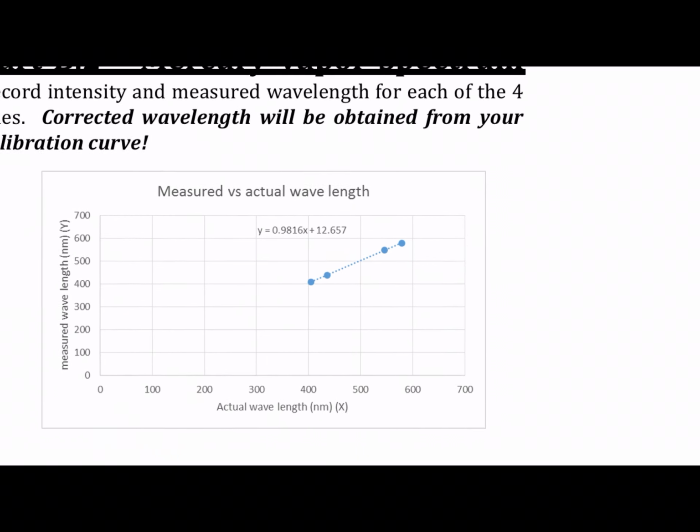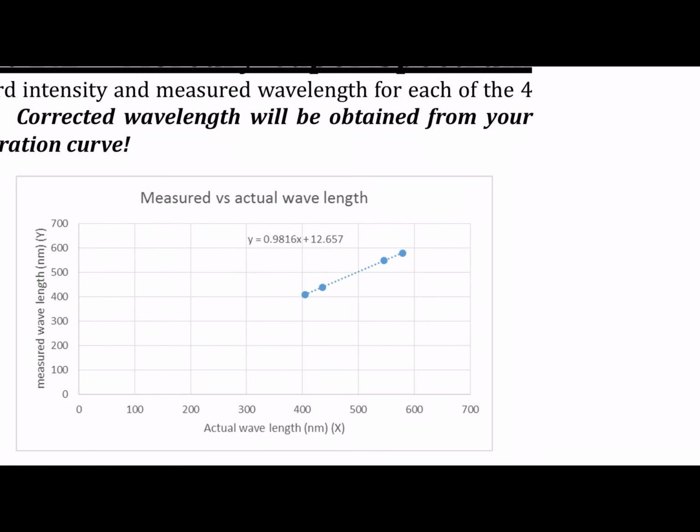Our calibration curve equation is y equals 0.9816x plus 12.657. What do we have on the y-axis? The y-axis is the measured wavelength. The actual wavelength is on the x-axis. So we use this calibration curve now.